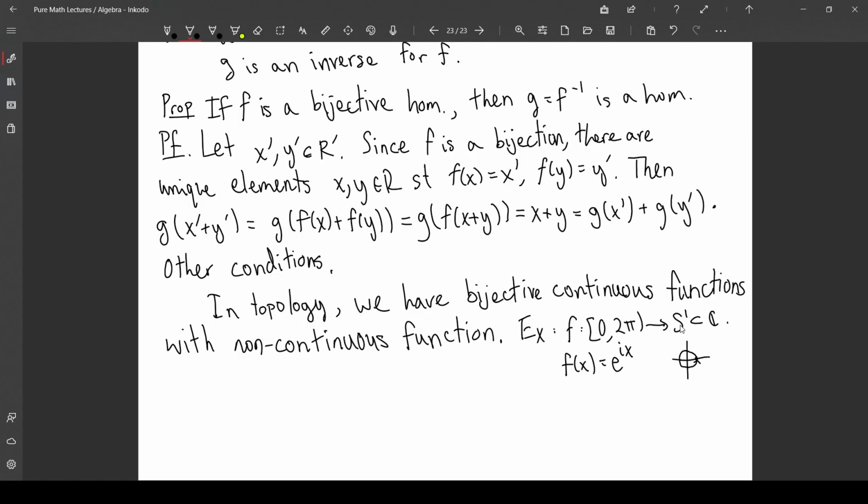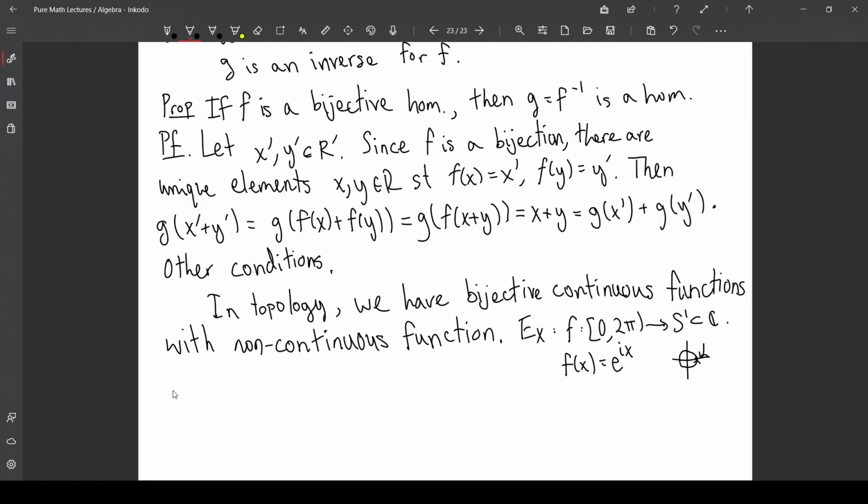The reason why the inverse is not continuous is that there is a jump here around this point on S1. Your function jumps from 0 to 2 pi, so the inverse is not continuous. Okay.